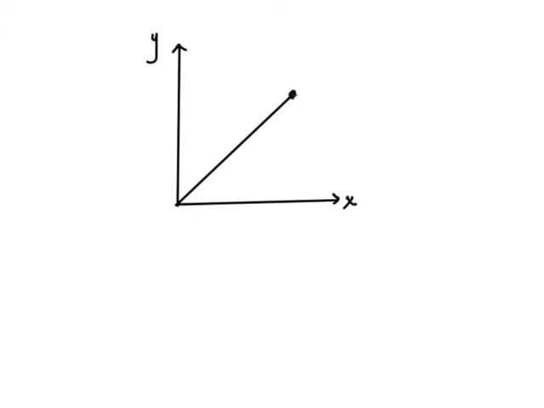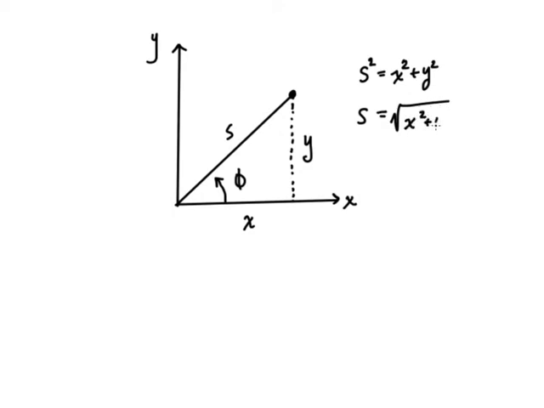So this is the projected point, and this would be phi, and this is s, some distance y, and this is some distance x. So we can define s in terms of x and y. So distance formula, or Pythagorean, s squared is equal to x squared plus y squared. So s is equal to the square root of x squared plus y squared.